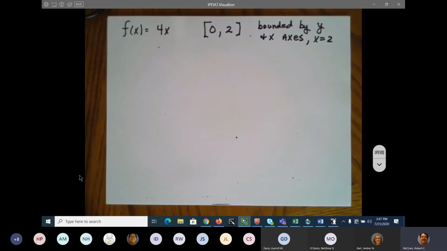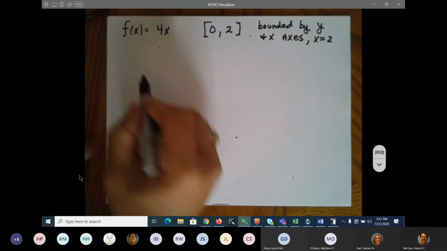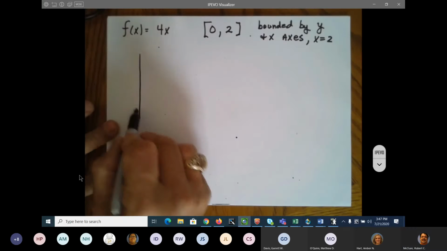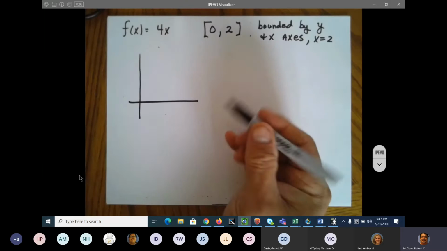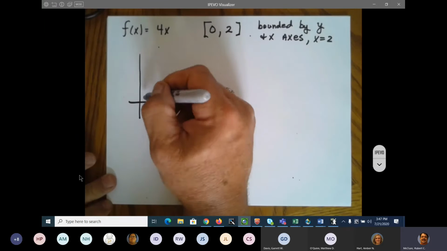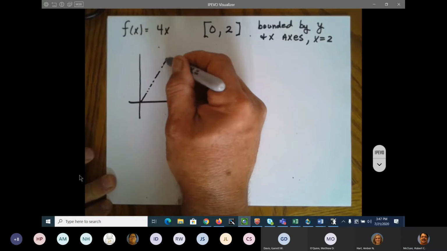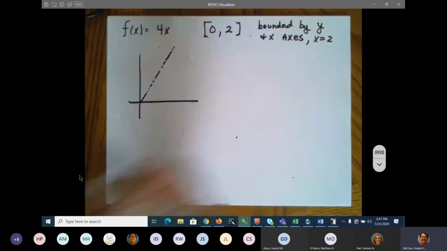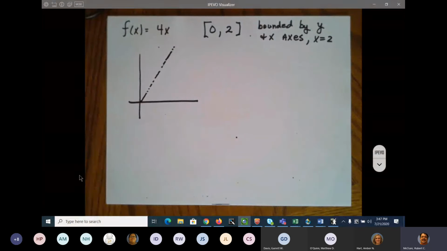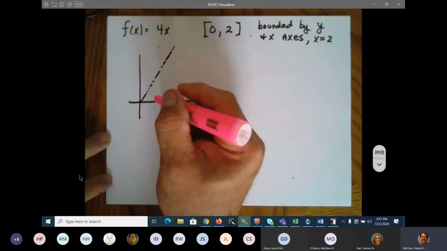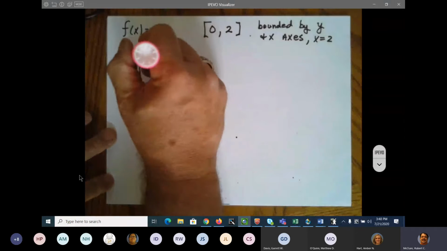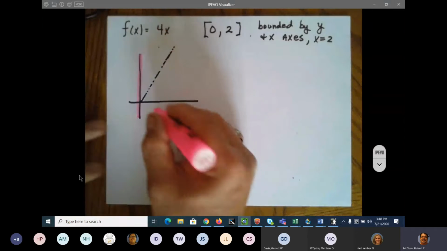In other words, if you draw it, y is equal to 4x, that's going to be a little bit sharper than a 45-degree angle. And they say it's bounded by the y-axis, which doesn't matter because you're revolving around the x-axis. So that really doesn't help you.